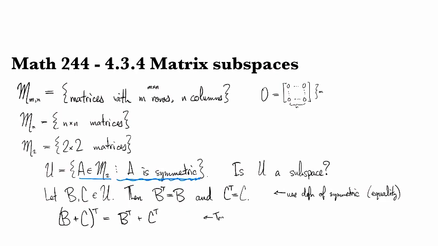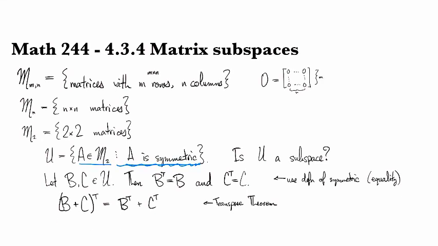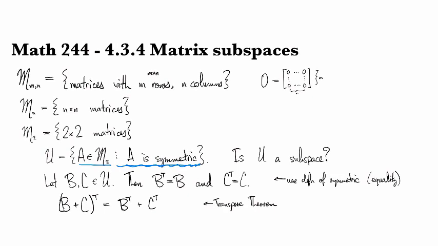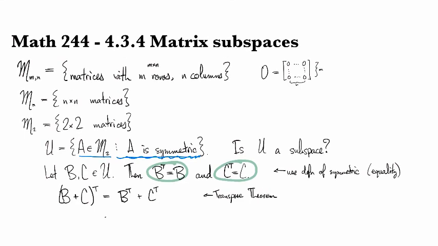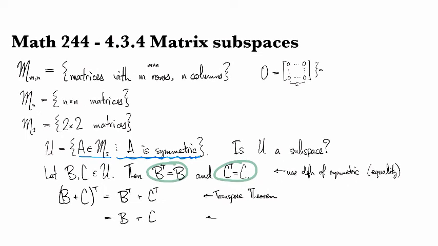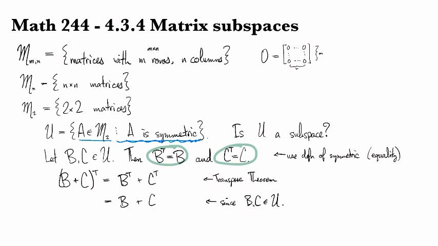And this is by some transpose theorem. And then what else do I know? Well, I chose B to be an element of U, so I have this equality, and C to be an element of U, so I have this equality, and so I can use both of those now. I can replace this one with B and this one with C, since I chose these to be symmetric matrices in the first place.